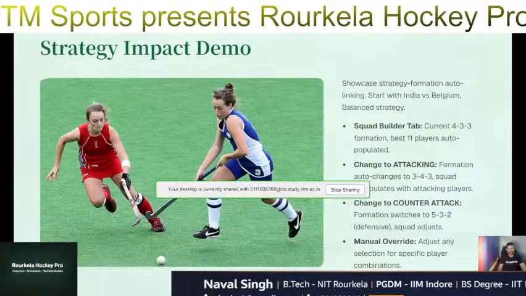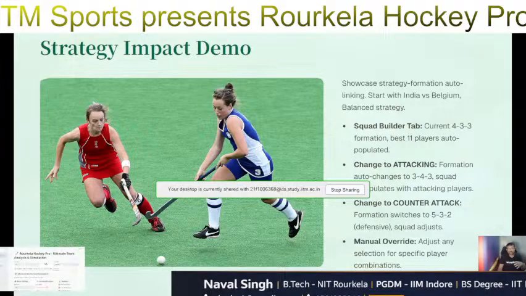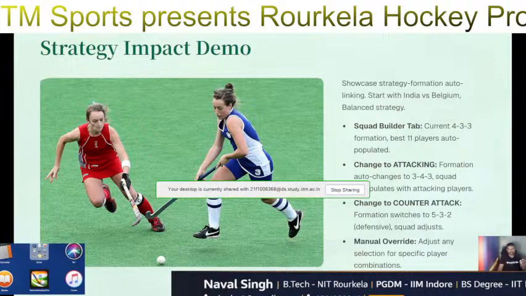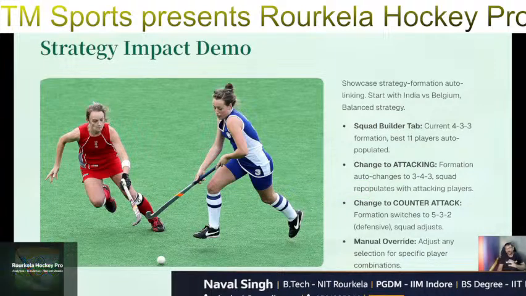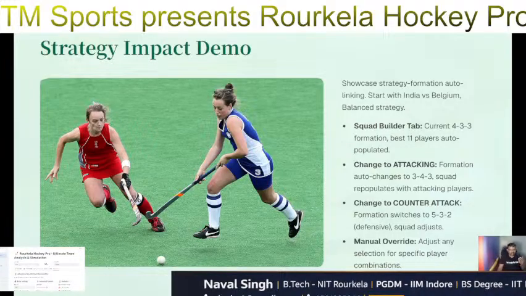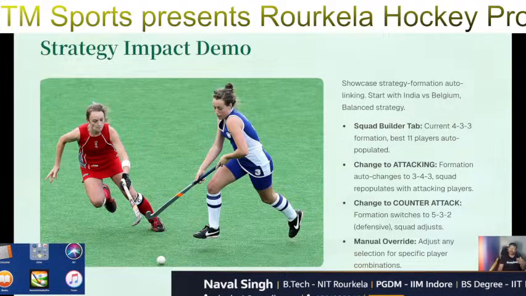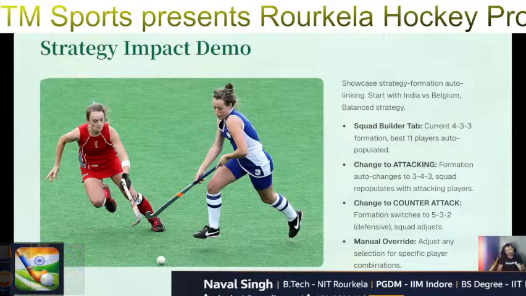So next we have strategy formation auto linking. The moment you use attacking or counter attack as a strategy, the formation automatically switches and selects the best players, whether it's 4-3-3, 3-4-3, 5-3-2, with an option for you to manually override the selection.